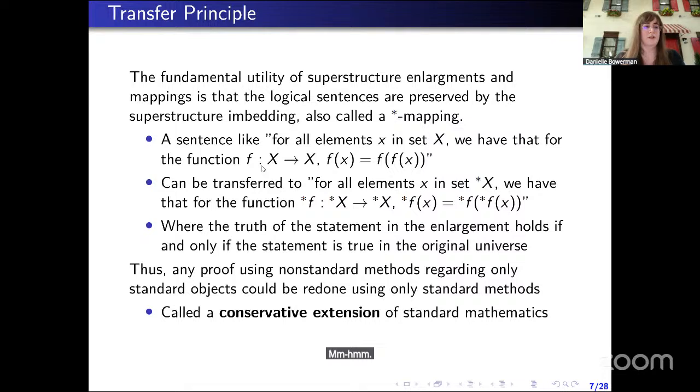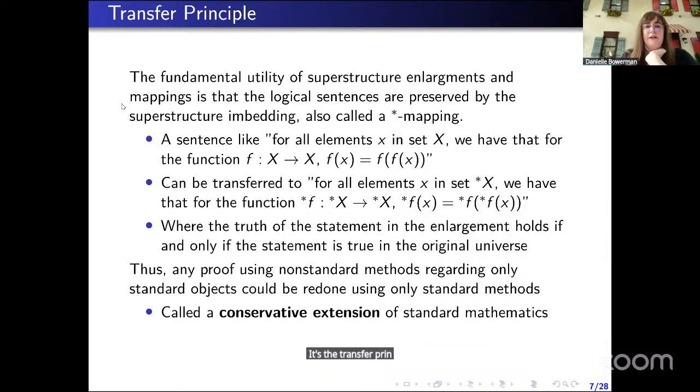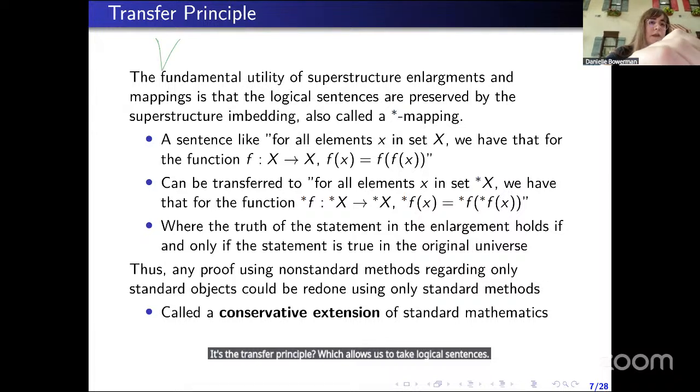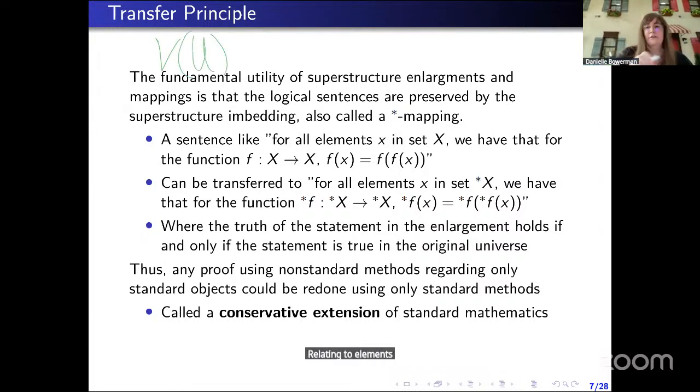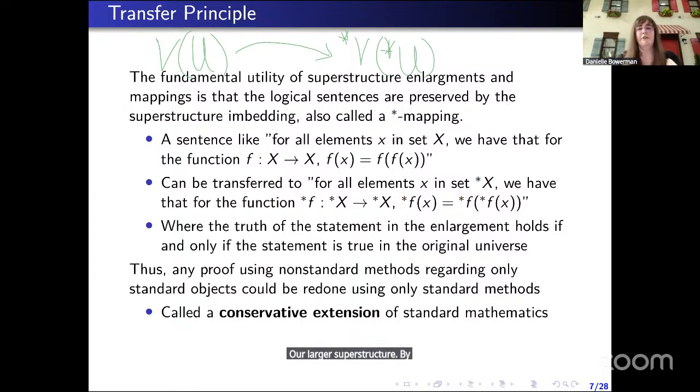So this is the most fundamental utility of superstructure enlargements. It's the transfer principle, which allows us to take logical sentences relating to elements from the smaller superstructure and move them over to our larger superstructure by starring everything that is not a quantified variable.